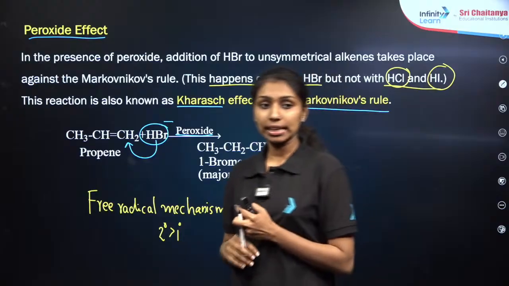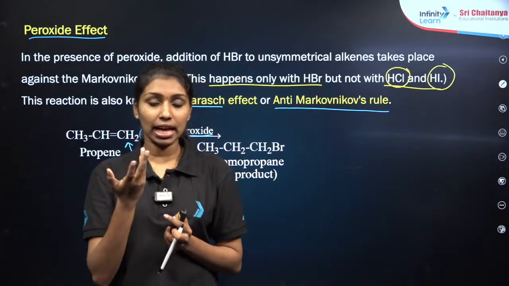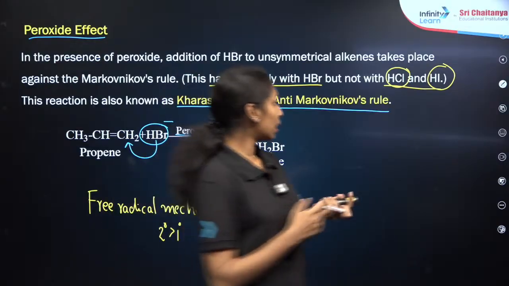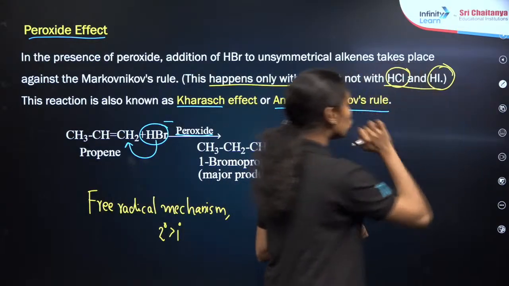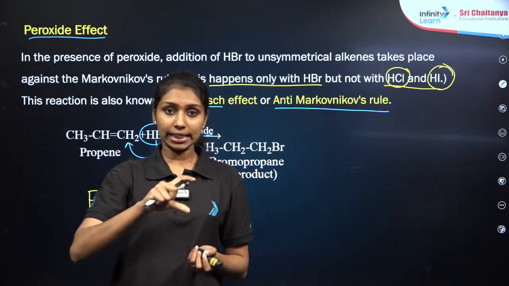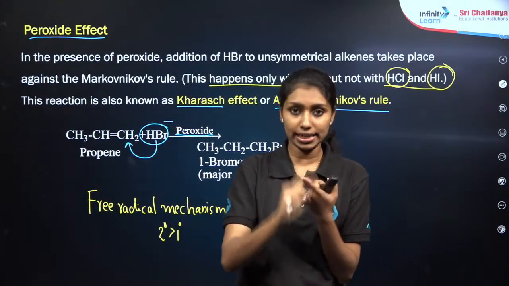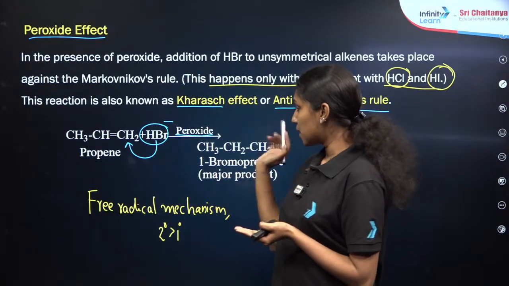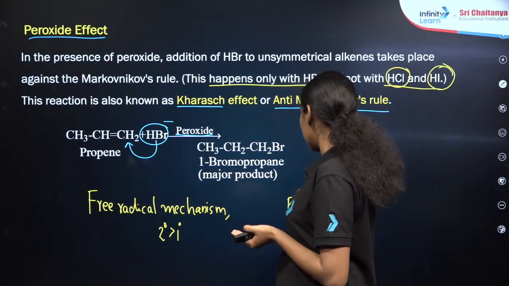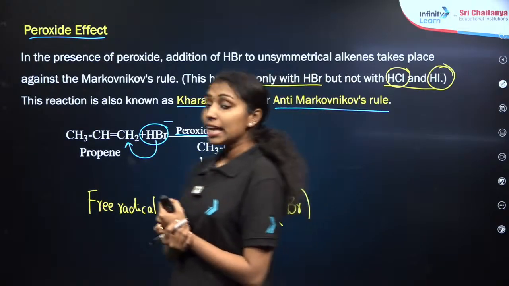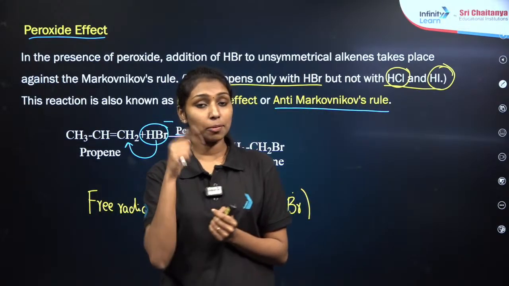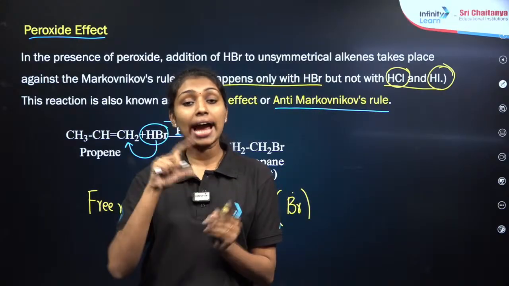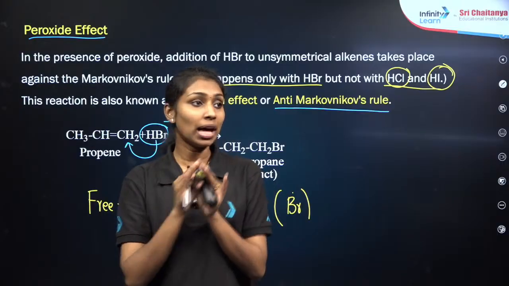In the case of HCl, the bond energy is very high. It cannot be broken by simple free radicals. Then what about HI? When we go through the mechanism, in the case of HBr or any hydrogen halide, halogen free radicals are formed. If I take HBr, I will get a Br free radical. Similarly, with the HI molecule, we get an iodine free radical. Instead of attacking the double bond, these iodine free radicals first combine to form an iodine molecule.